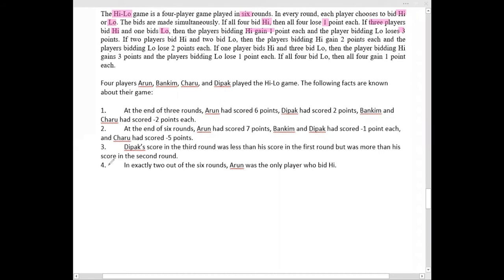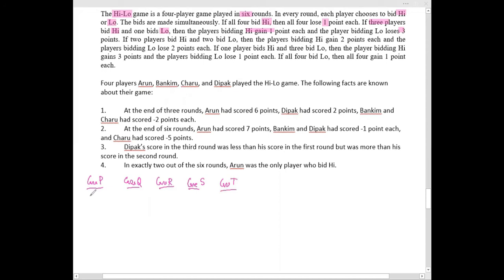Let us try to understand all the different biddings. I am considering these biddings as different cases: case P, case Q, case R, S, and case T. These are the different cases.